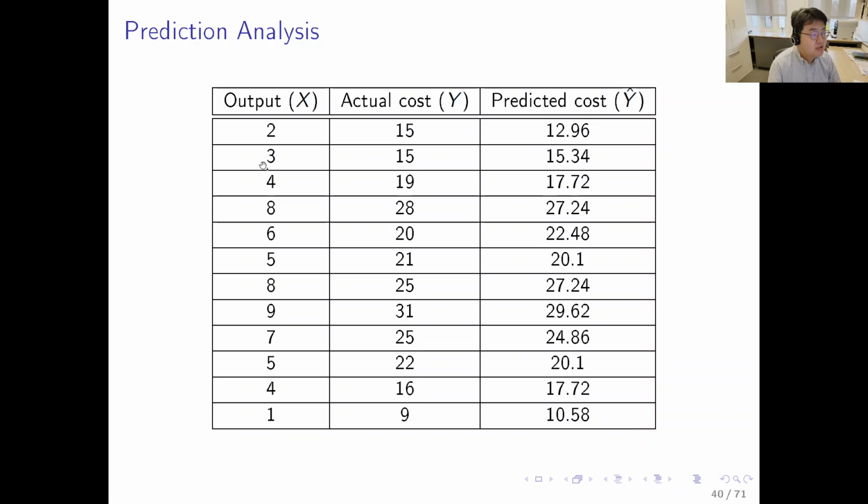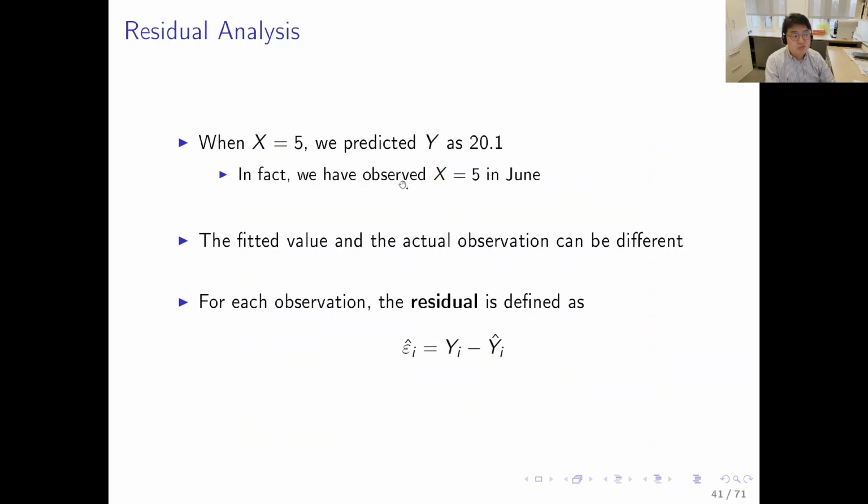In February, our observation was the same $15, but our predicted value was 15.34. So your prediction is different from the actual cost. That gives us the residuals. Residuals are the difference between the actual observation and the predicted cost.